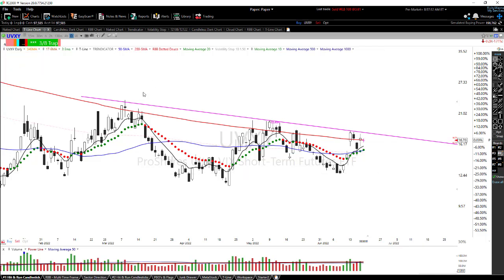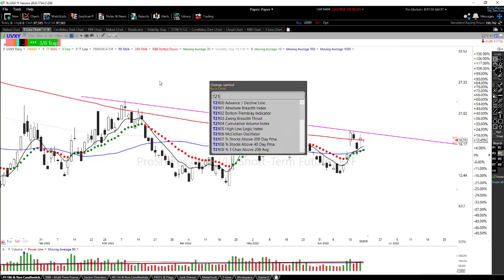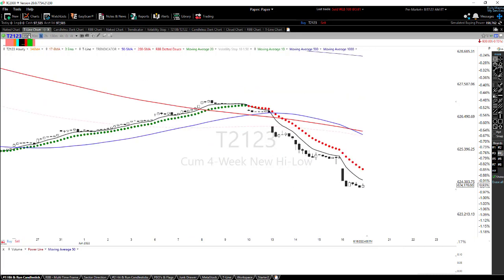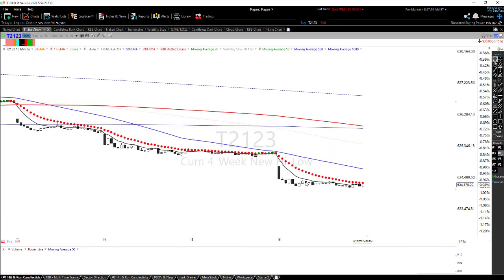Another chart that I use a lot is this T2123. I use the 15-minute and hourly. I can tell you right now, though, nothing but the 15-minute till it gets bullish, good and bullish. And this is just highs and lows of different issues out there.